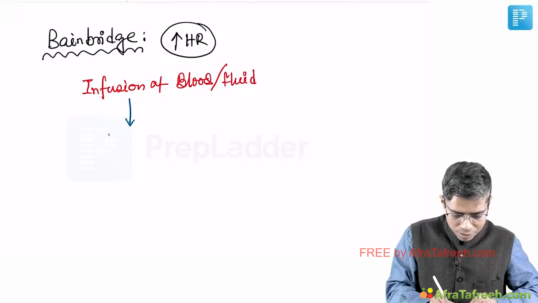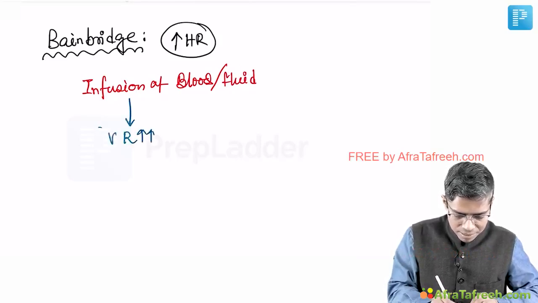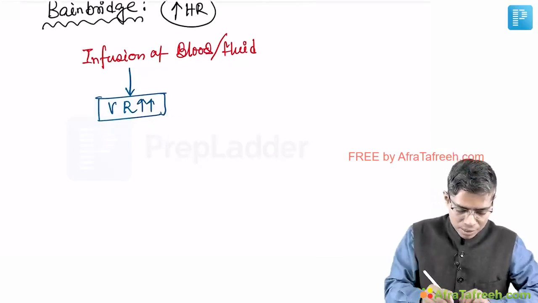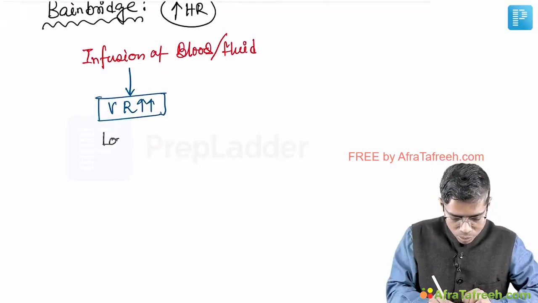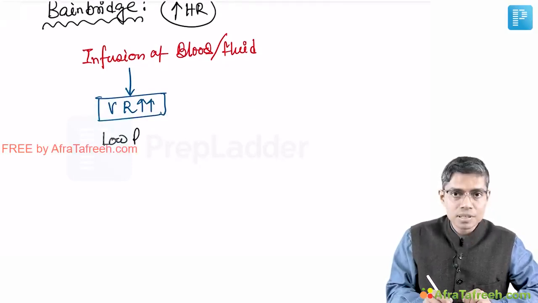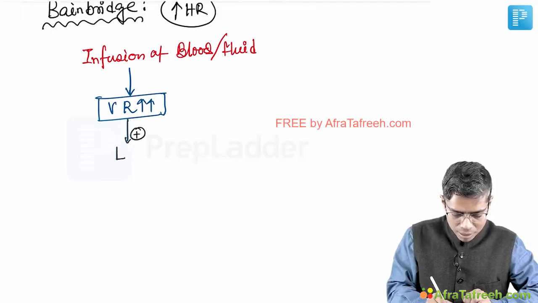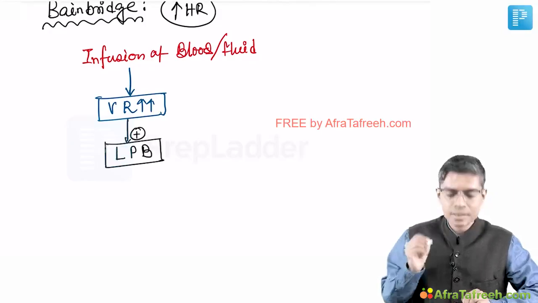Ultimately, it is going to increase your venous return. That is the first thing. Now, whenever the venous return increases, as we have just discussed, the low pressure baroreceptor will be activated. So I'm writing here, increased venous return means it is going to activate the low pressure baroreceptor.